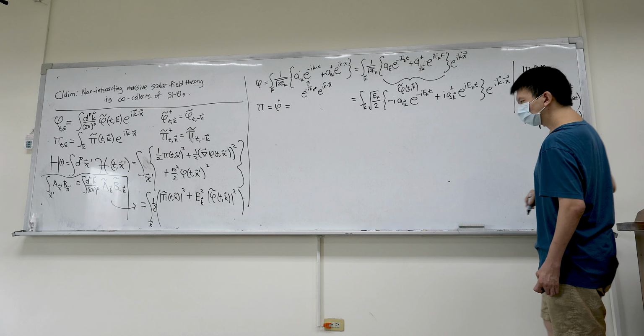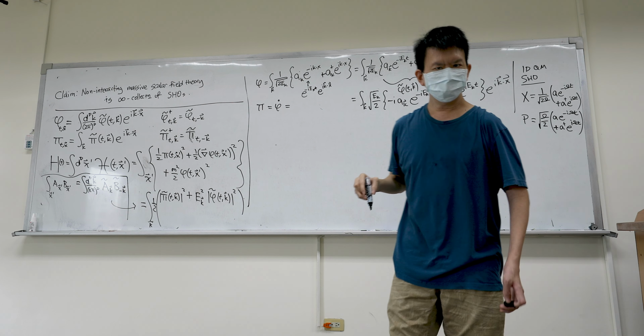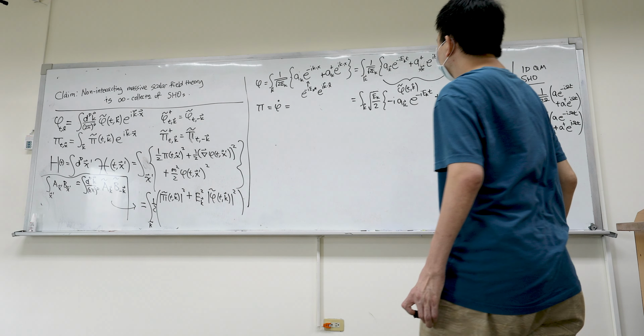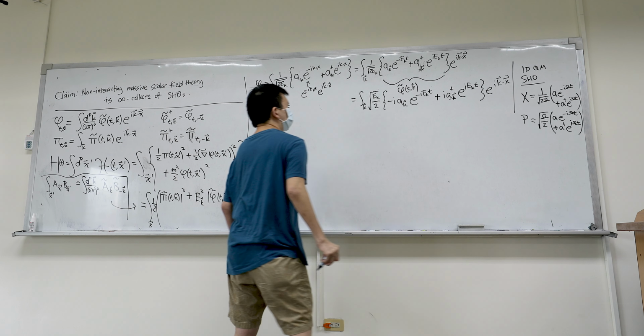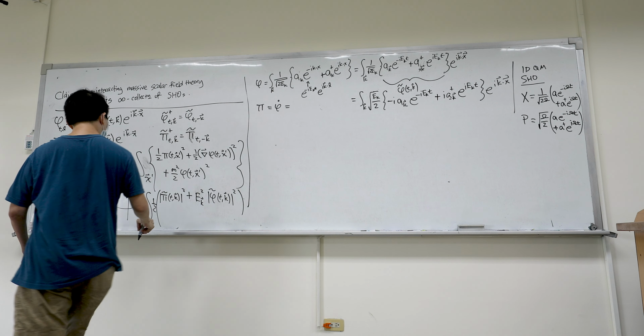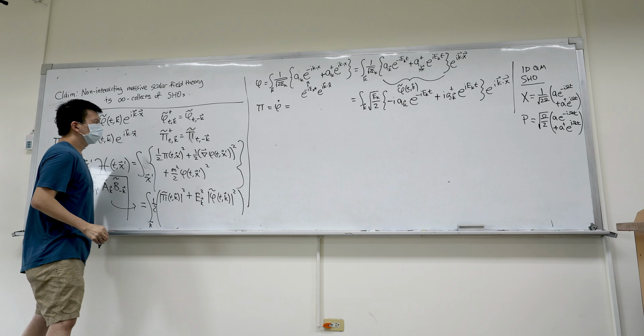Yes, you'll find something like that in your quantum mechanics discussion of the harmonic oscillator. And so let's press on. Why am I doing this? Because I'm going to plug it into this formula.